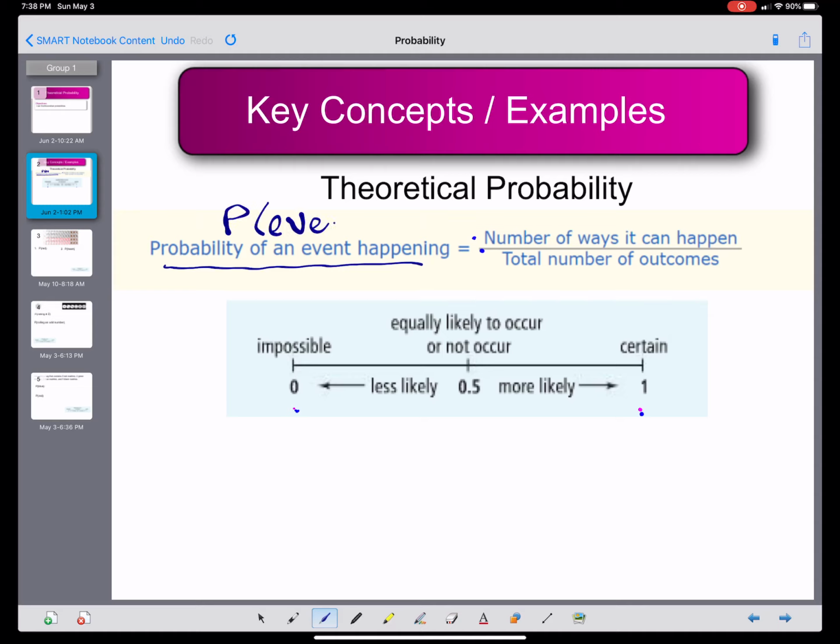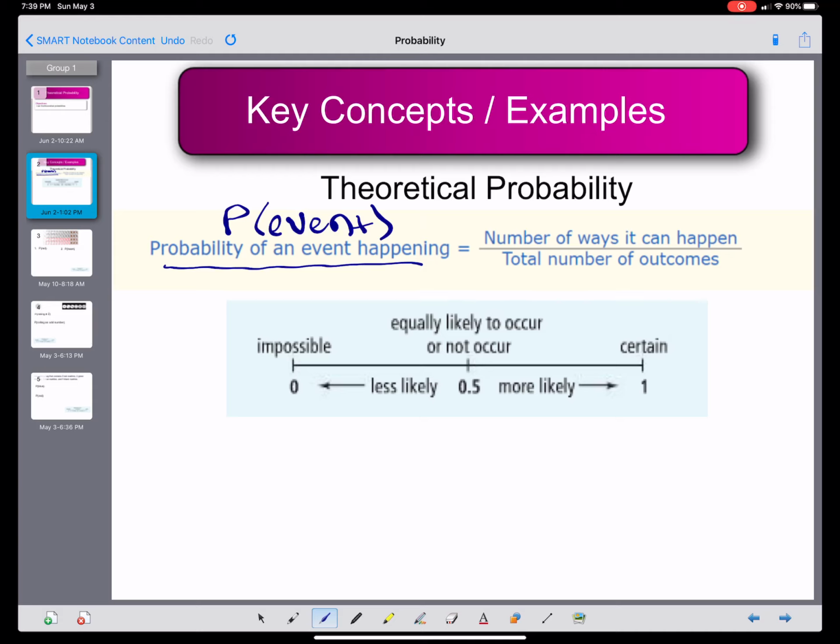What's going to change is whatever I put inside the parentheses. To find the probability of an event, I'm going to take the number of ways that the event can happen, and then divide that by the total number of outcomes.